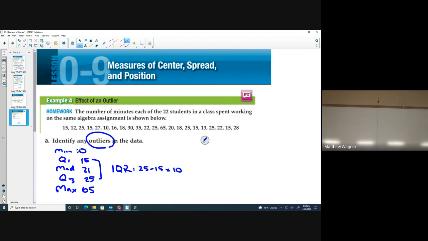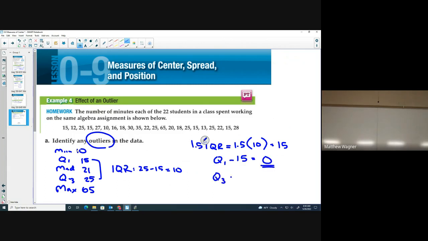To determine outliers, we take 1.5 times our interquartile range, which in this case, 1.5 times 10 is 15. We take our lower quartile and subtract 15, which in this case is 0.